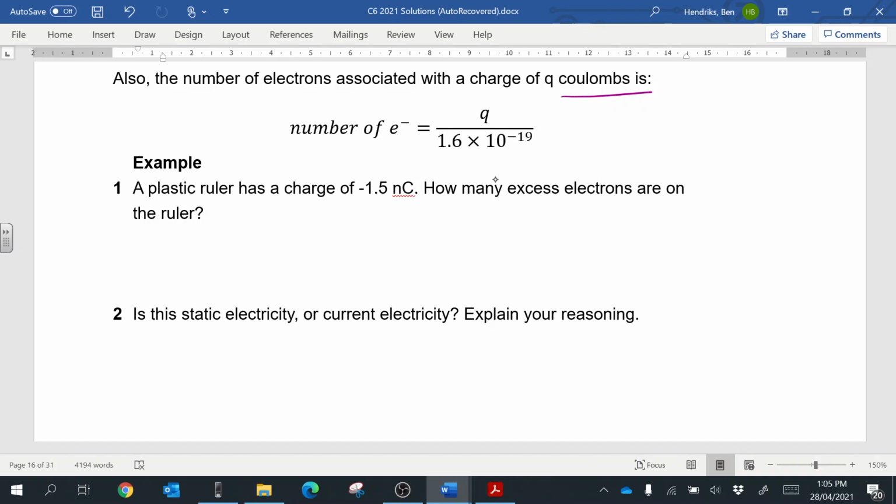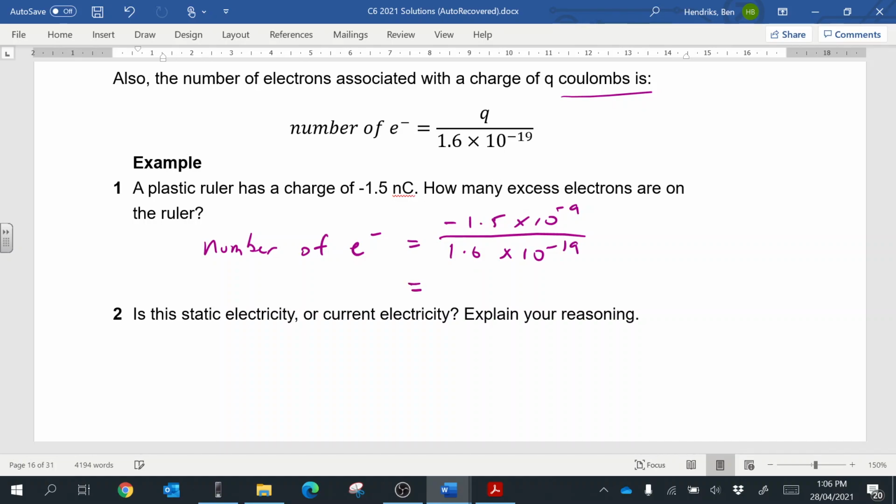So we have the number of electrons equal to negative 1.5 times 10 to the negative 9. Check out your prefixes to get your nano, which is 10 to the negative 9. Divide by 1.6 times 10 to the negative 19.